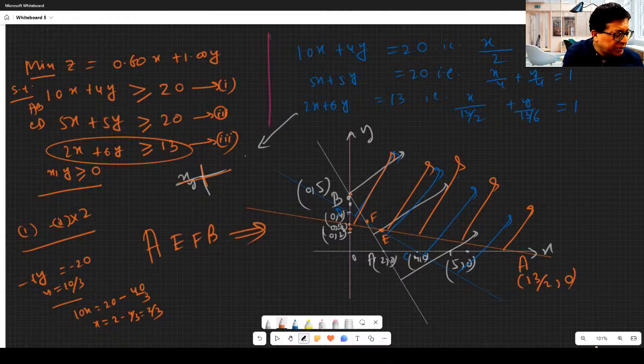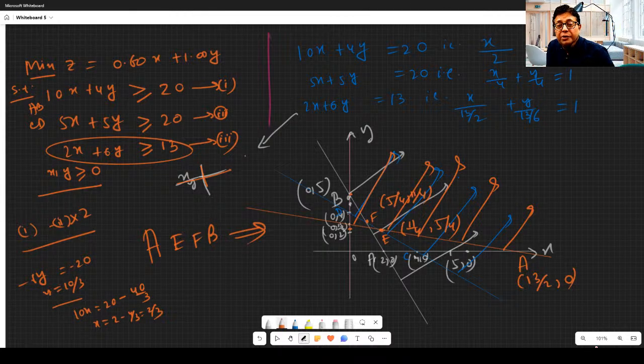This I am showing you because of this point E. My calculation is shown here, 11 by 4, 5 by 4, and this point is 11 by 4. So the corner point method I am not interested to discuss.